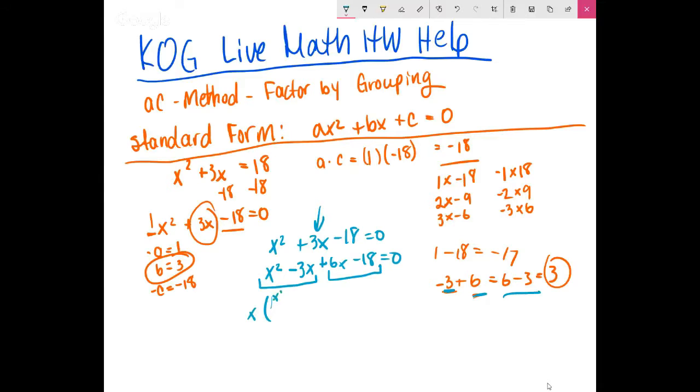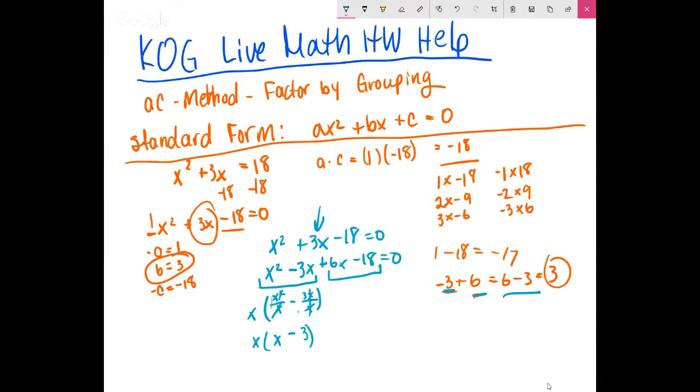Factoring out x means that we're dividing by x. X squared divided by x is x. And then 3x divided by x, these cancel out. You just got 3 left. And then your answer on the inside is x minus 3 with the x on the outside.